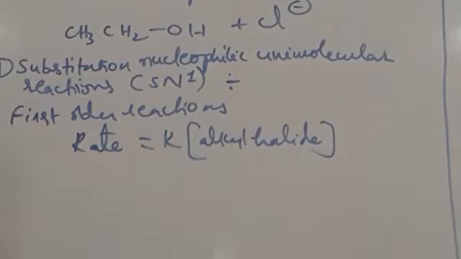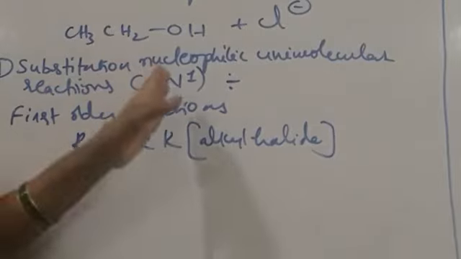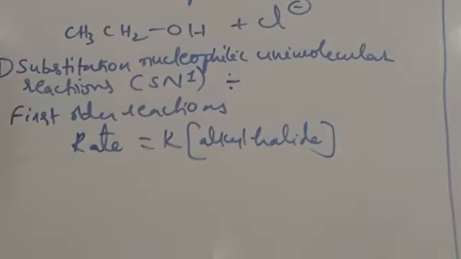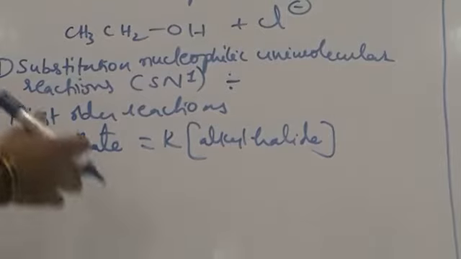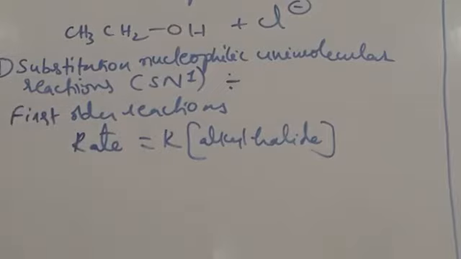Okay. So generally tertiary halides are more favorable towards SN1 reactions. So tertiary alkyl halides easily undergo SN1 reactions through the formation of carbocation. So a carbocation intermediate is formed during SN1 reactions.